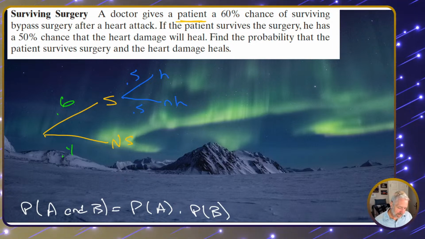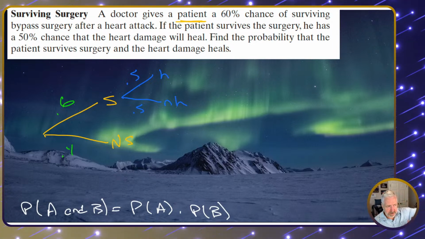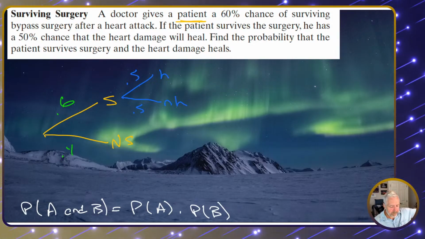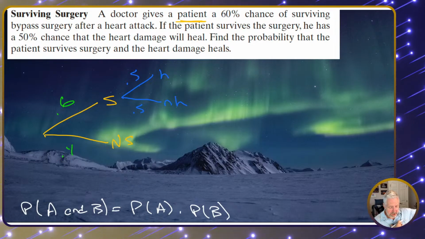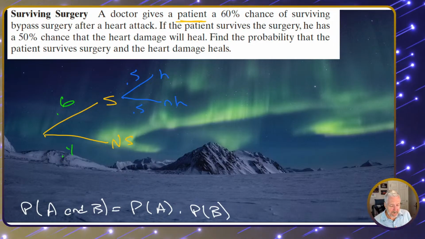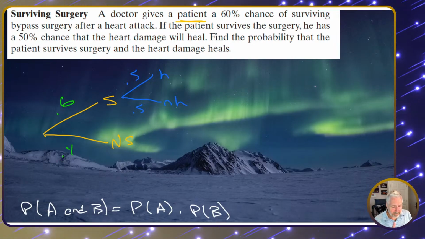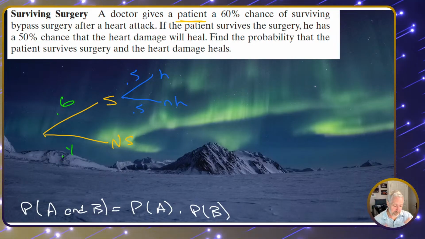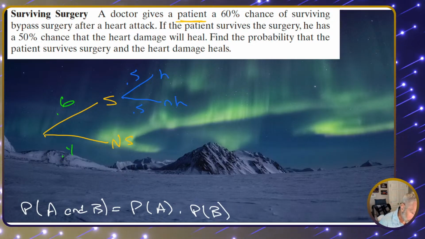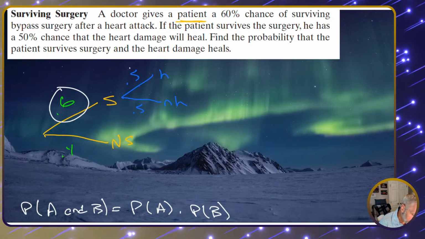So you had a heart attack, which doesn't factor in here other than to set up the stage for this set here. After having a heart attack, the particular patient has a 60% chance of survival. And then if they survive, they have a 50% chance that they will heal, that the heart damage will heal. Okay. So all I'm going to do is take this times this.